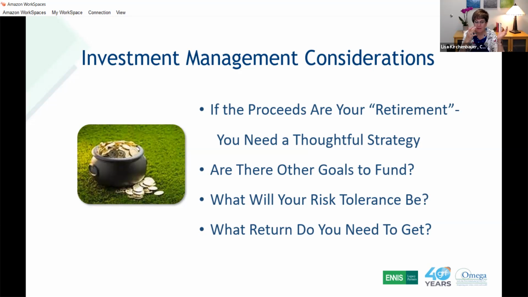You also don't want to have everything in growth-oriented or risky investment strategies, because the worst thing that can happen is what we call bad timing, where you go to retire, you've got this pot of money, it's all invested, maybe pretty growth-oriented.